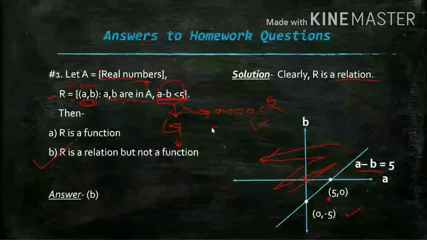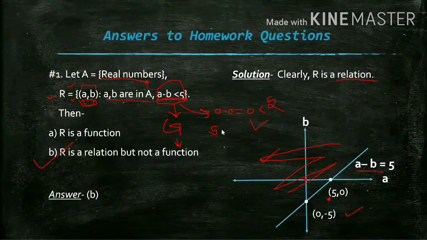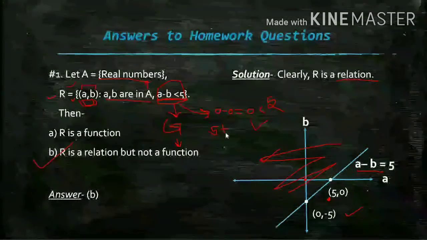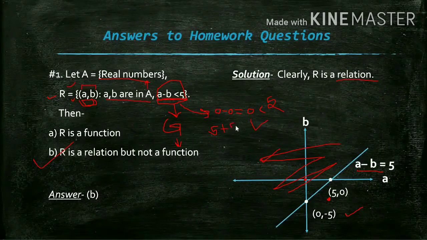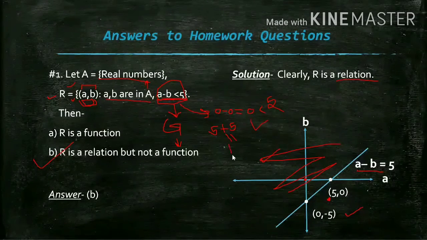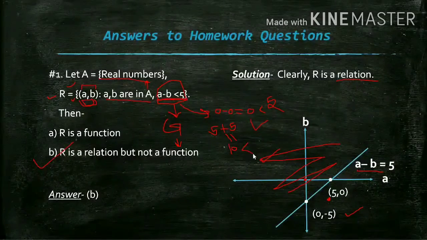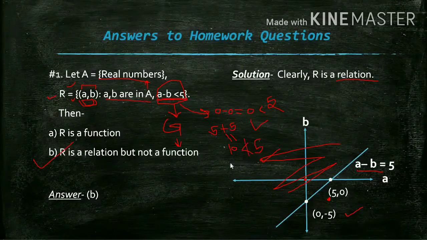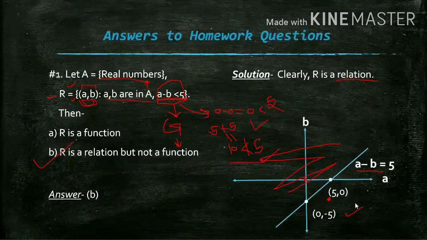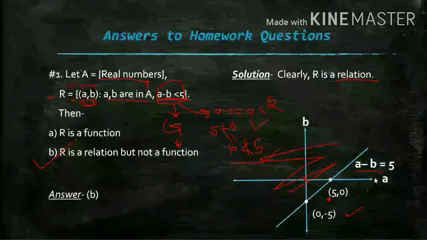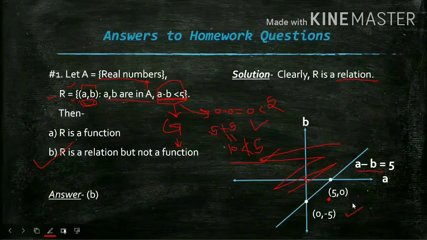Now let me put a as 5 and b as -5. So what it would be? Minus minus would be plus, and 5 plus 5 would be 10. Now 10 is not less than 5, right? 10 is not less than 5. It is not satisfied. Similarly, you can take any point to see whether this is the region or not.